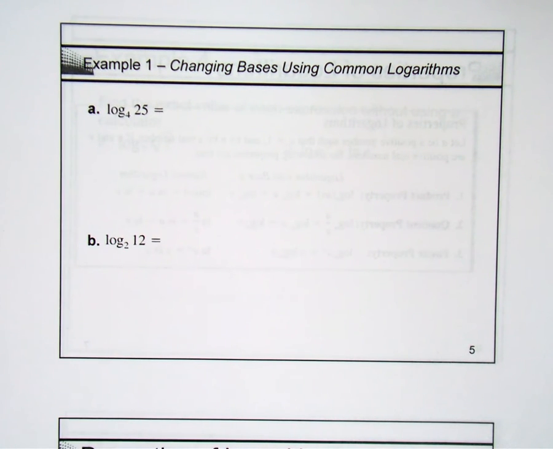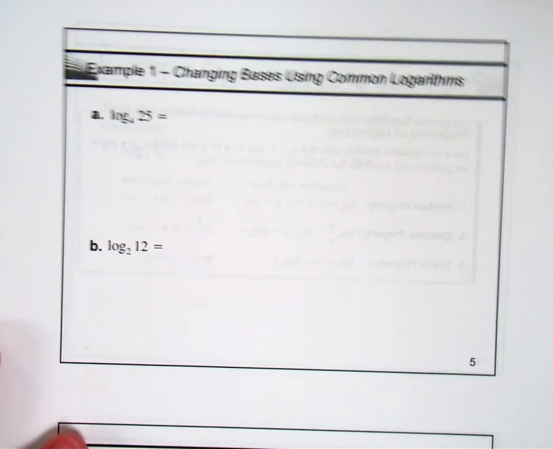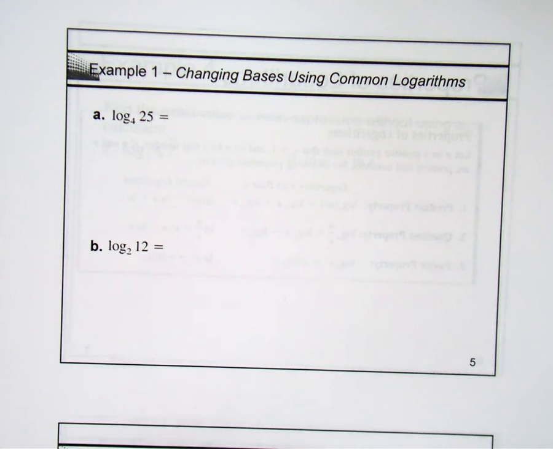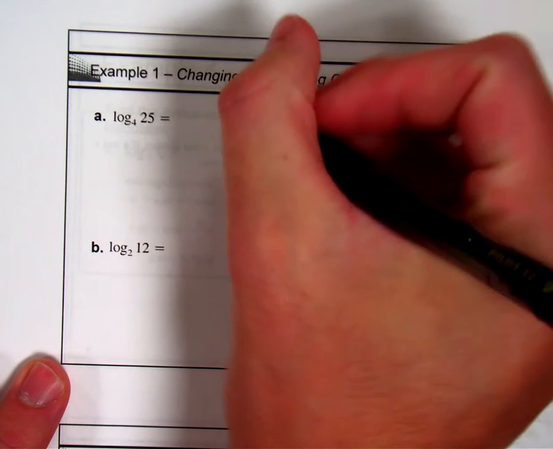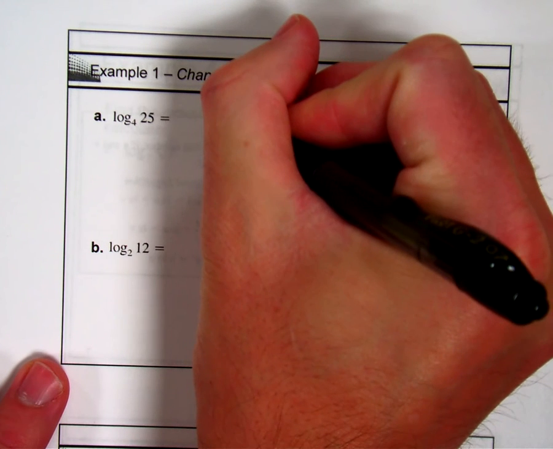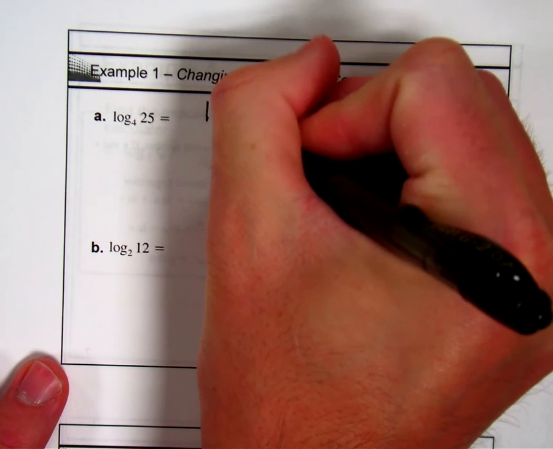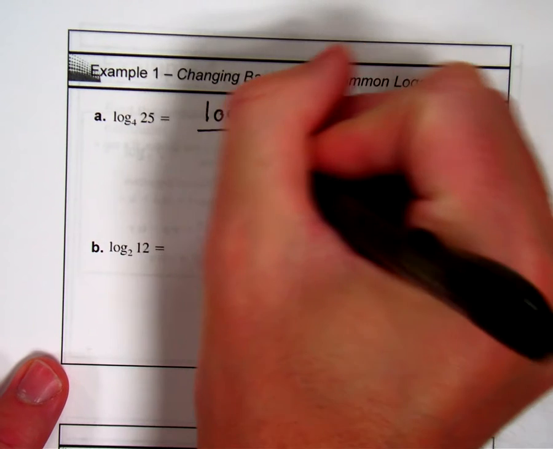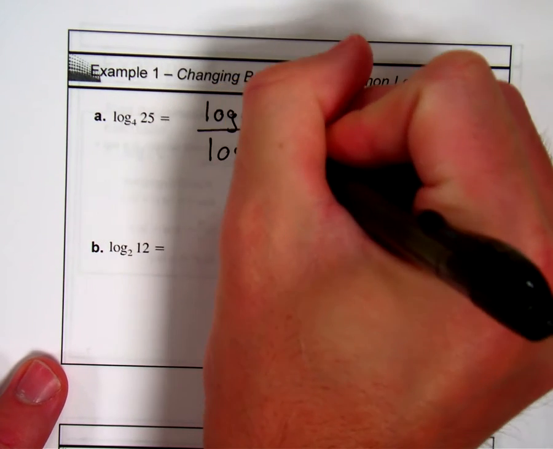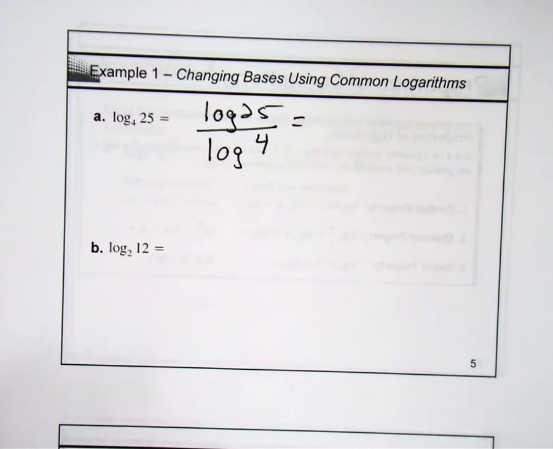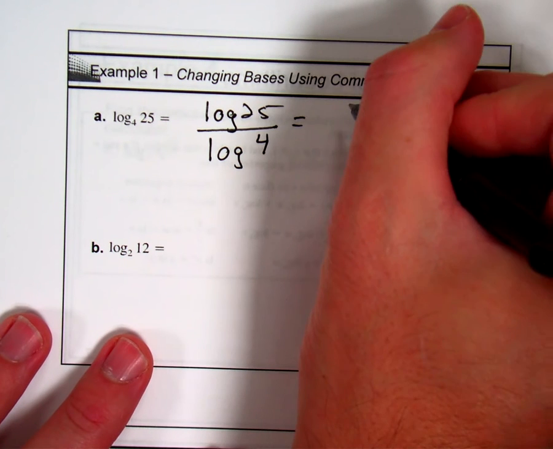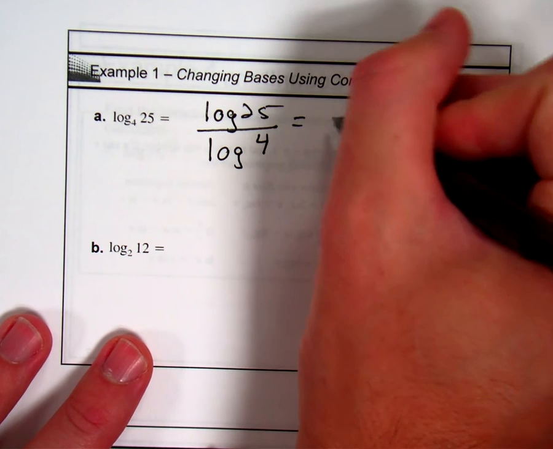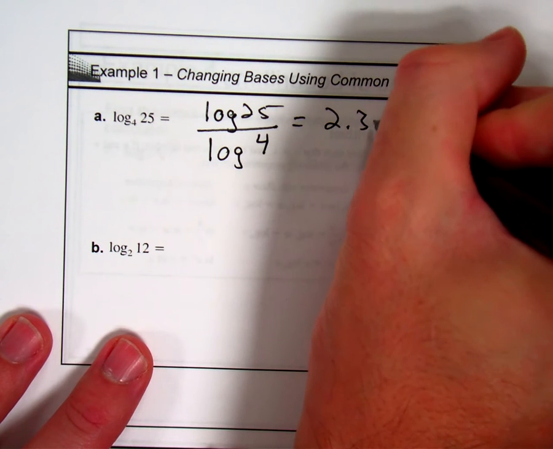But like I said, that can be a pain to get into that menu, when just from the main screen we can do common log, or log base 10, of 25 divided by log 4 pretty quickly. And we should get about 2.3219.